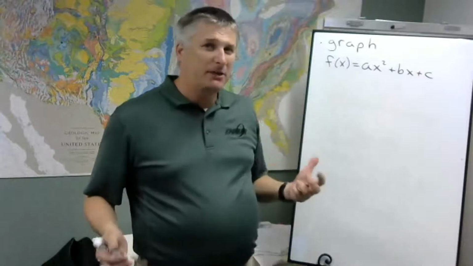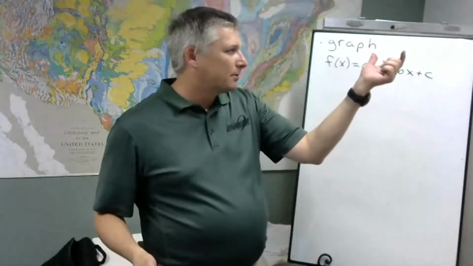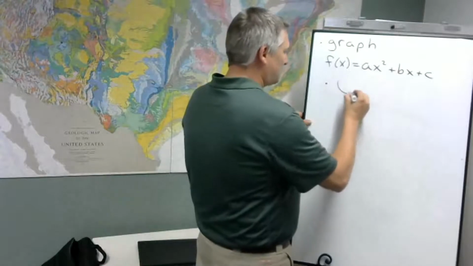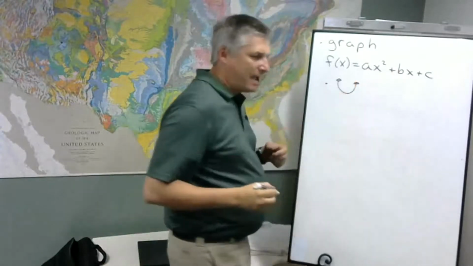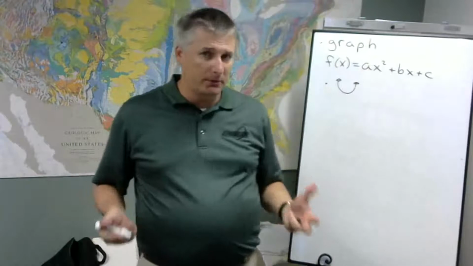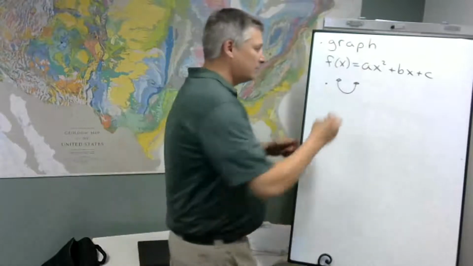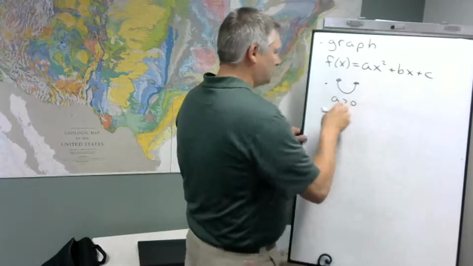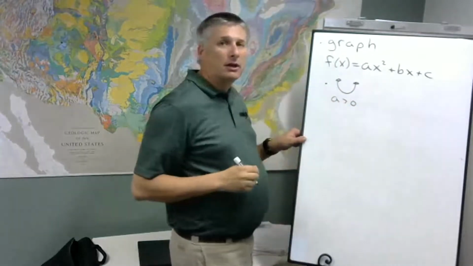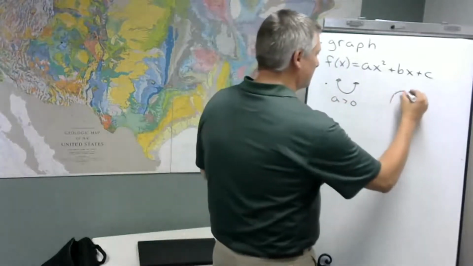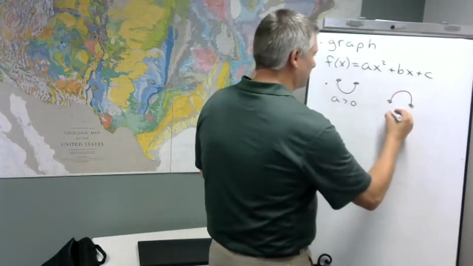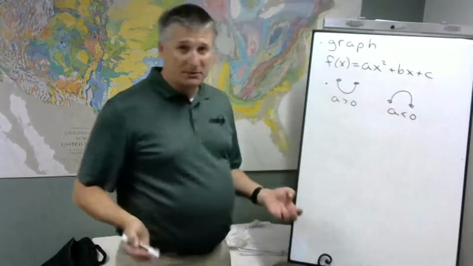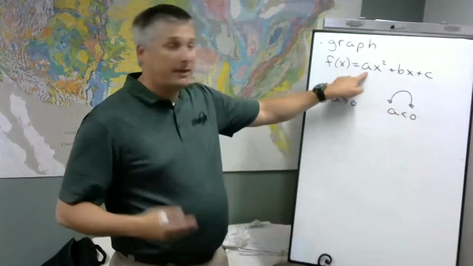Well, we want to try to figure out if it opens upwards or downwards. Now, this sorts itself out as we plot the points that we're going to plot in a little bit. But just for reference, if little a is greater than 0, it opens upward. Little a less than 0, it opens downward.